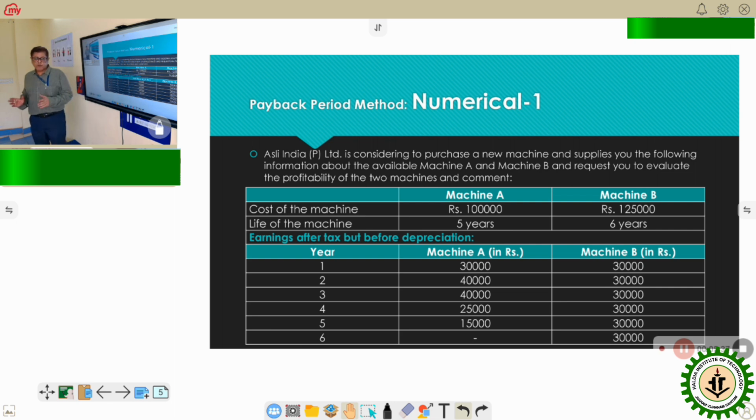So if we compute the payback period for machine B, it is easy. You just divide the cost of the machine, that is 1,25,000, by the annual cash flow, that means 30,000. This will give you the payback period for machine B. But in case of machine A, we need to apply a different technique.